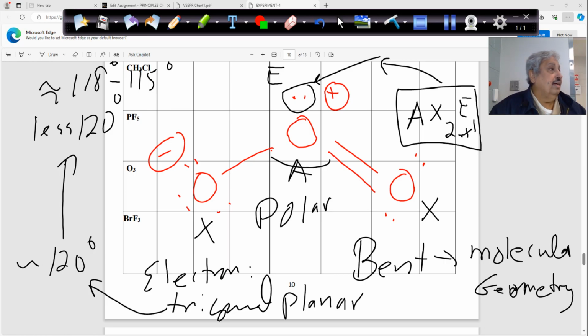So, any questions so far? Your homework is, without doing the models, but let's do this model here. You have oxygen in the middle, and then you have 1 double bond, the smaller one, and a single bond, the longer one. So you can compare.